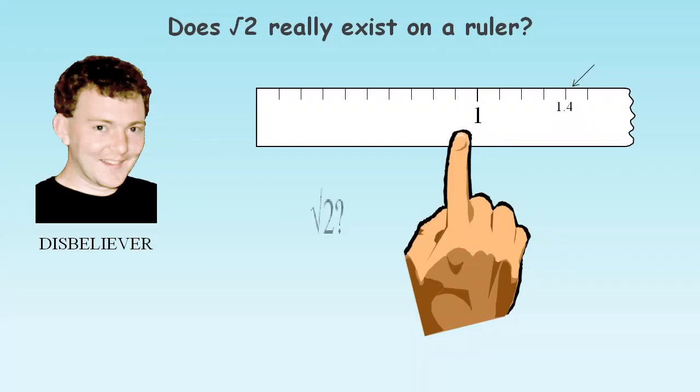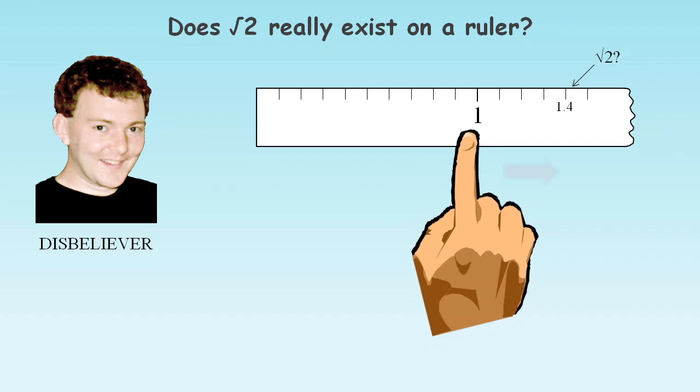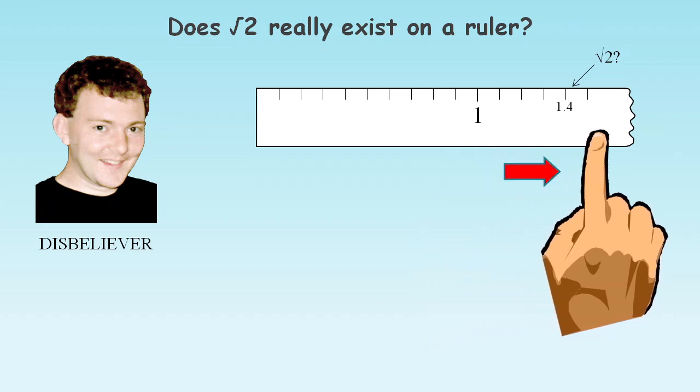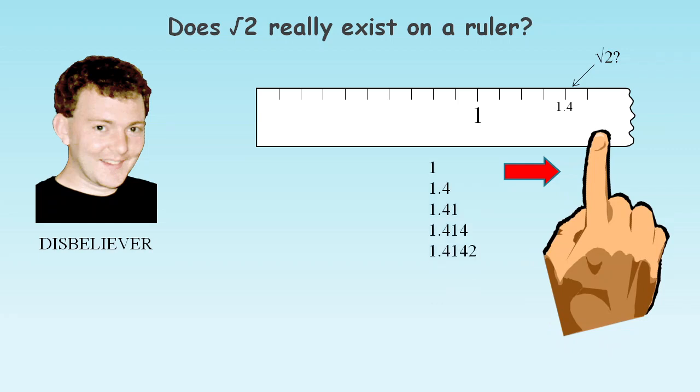We've already seen that we can't construct a length of the square root of 2, because we can't have an irrational amount of pixels on a screen. But do irrational values actually exist? Do values like the square root of 2 really exist on a ruler? If we move our finger along a ruler, then have we really just travelled past all the points 1, 1.4 and all the other points in the base 10 representation of the square root of 2?